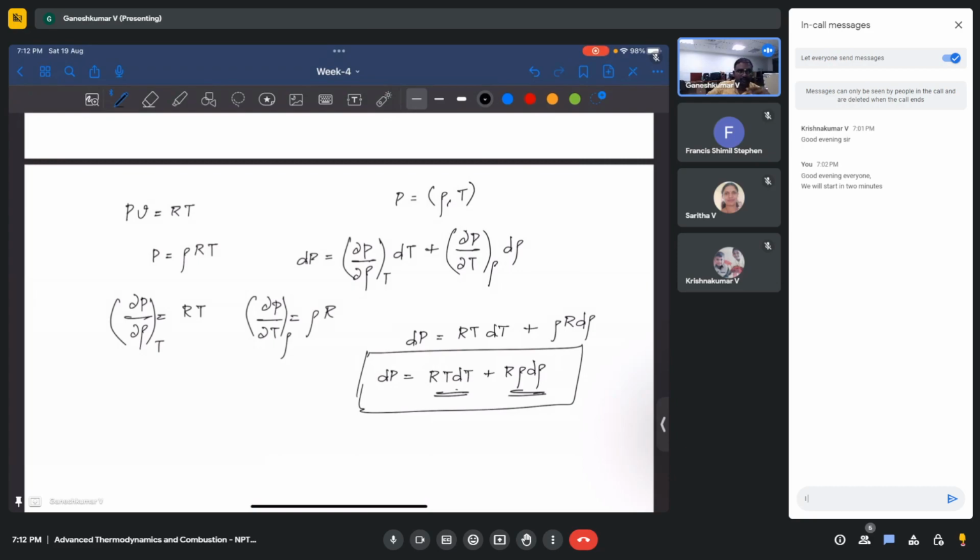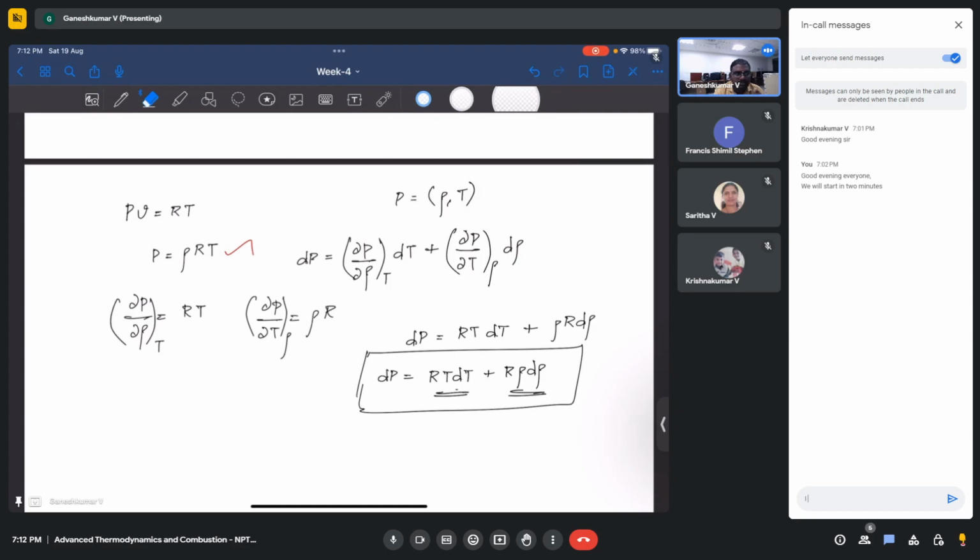So there is a huge dependence on density and temperature. Mathematically, you can simply say based on this relation, P is equal to rho RT. When there is a change in density, there is going to be a change in pressure. When there is a change in temperature, there is going to be a change in pressure.